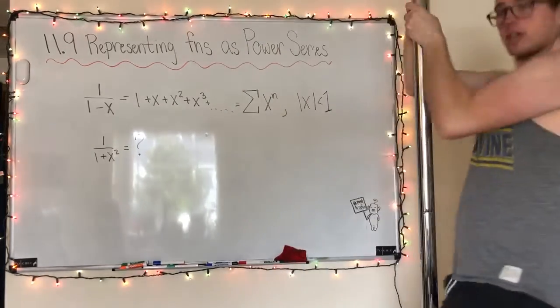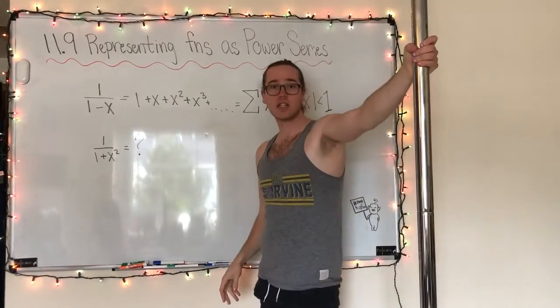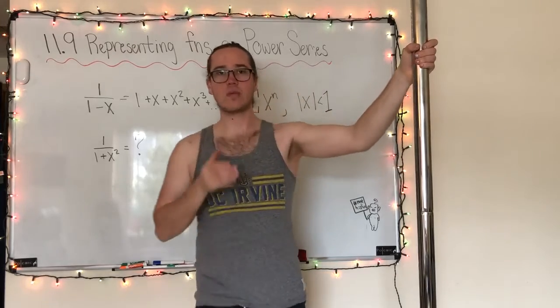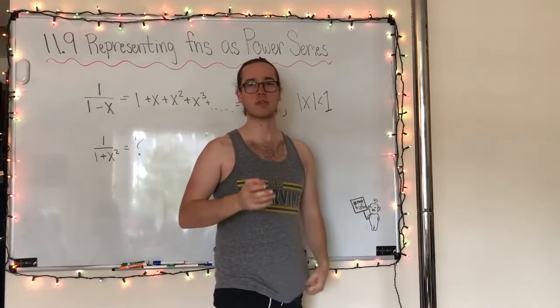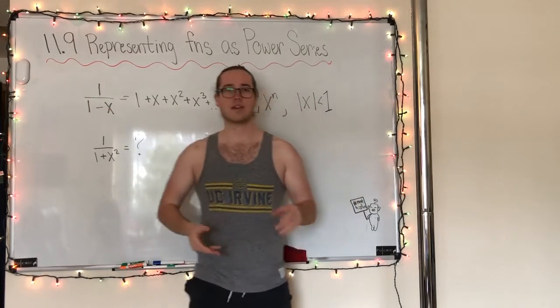For today's video, we are covering 11.9, representing functions as power series. We're going to begin with a function that we've represented with a power series multiple times without even fully knowing it. We have 1 over 1 minus x. What is this?